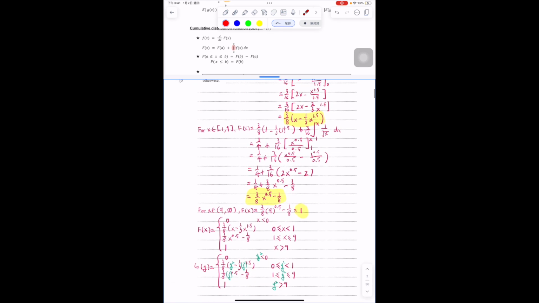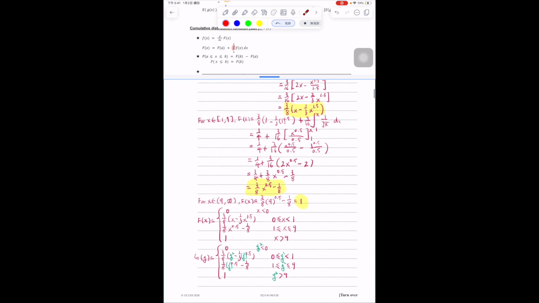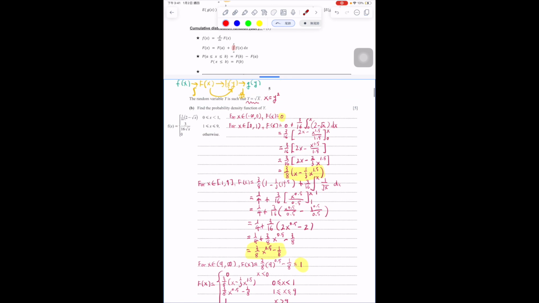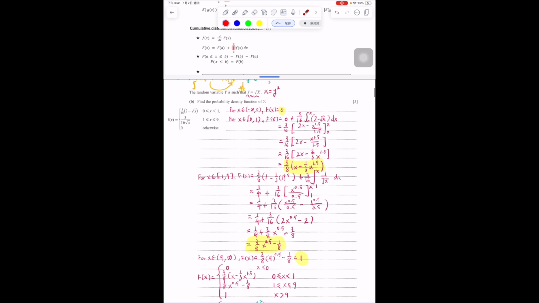But it doesn't really matter for you, because during your exam you can have extra paper, like additional papers if you want, and you may ask your examiner to help you to do so.